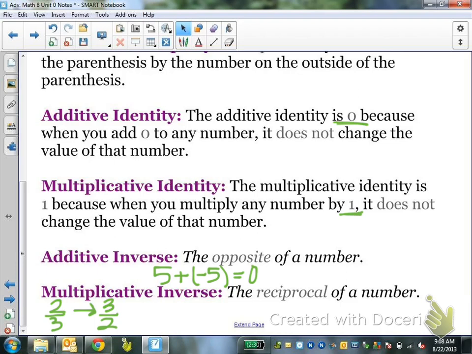So when I take 2 over 3 and multiply it by 3 over 2, what do I get? 1. Okay? So multiplicative inverse is the reciprocal because when you multiply them, you get 1, which is the identity. Additive inverse is the opposite because when you add them, you get 0, which is the additive identity. And those are all the number properties.